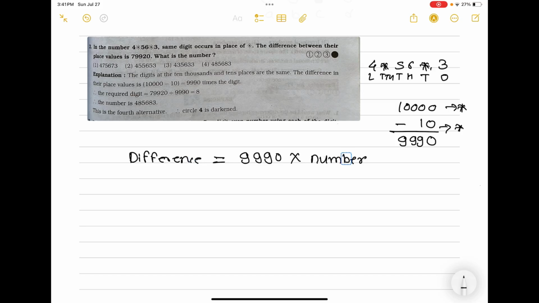Okay, so here the difference they have given, 79920, equals 9990 into the number we call x.